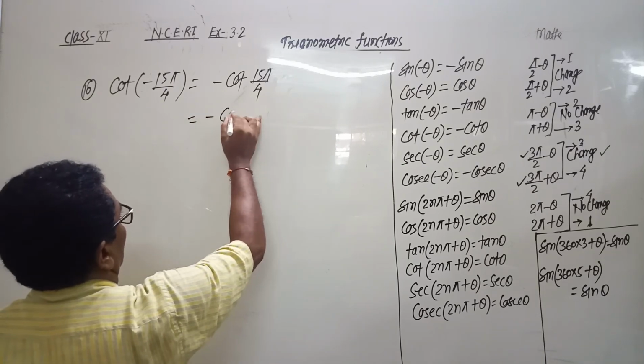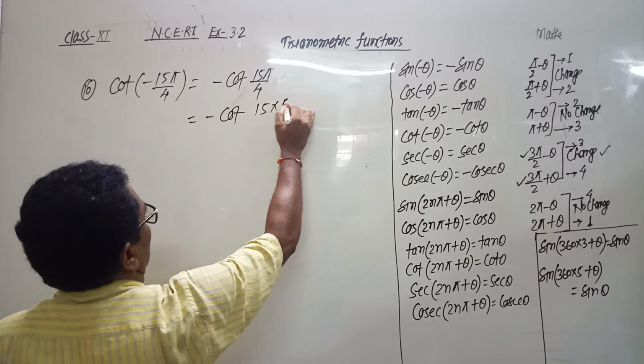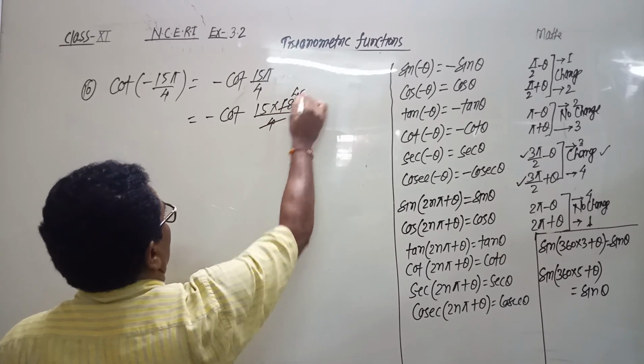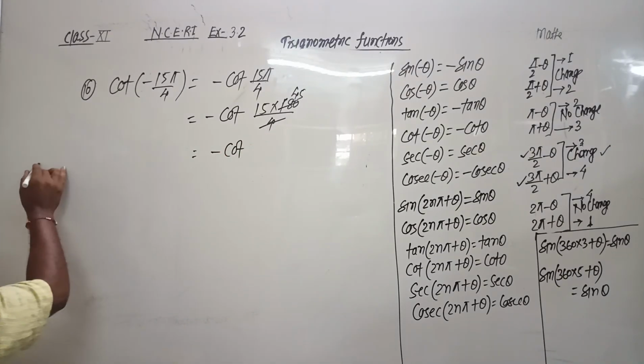Now we convert it into degrees. So 15 into 180 upon 4, it goes by 45. So it gives minus cot of 45 into 15.